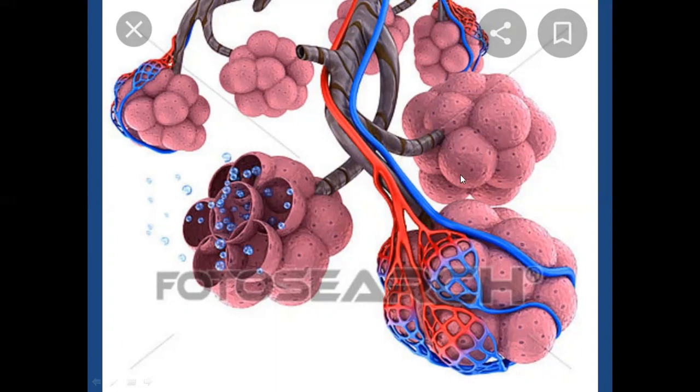These air sacs are surrounded by blood capillaries, and inside you can see these gas molecules or oxygen molecules which enter the air sacs.